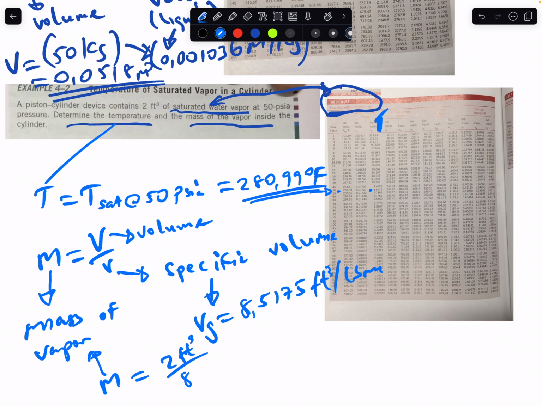Over the specific volume, and therefore we have the mass of vapor giving us 0.235 pounds. So that's the mass given.